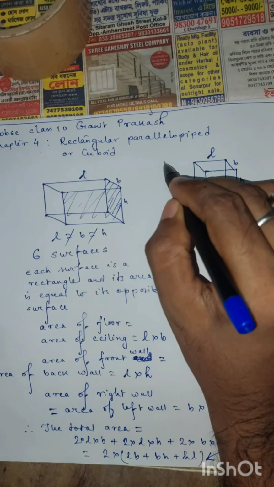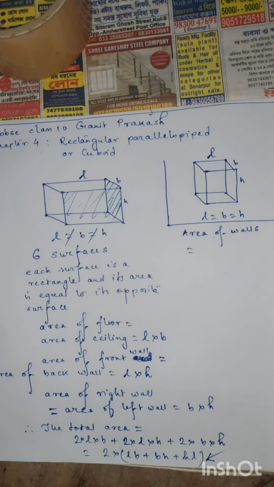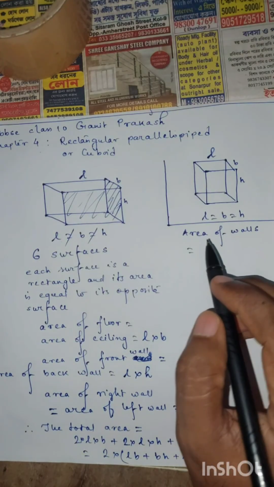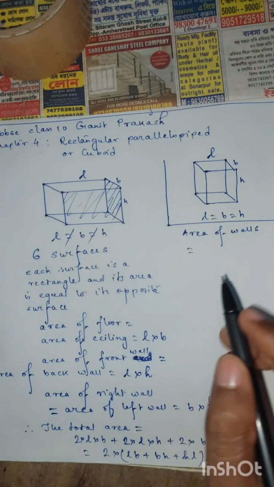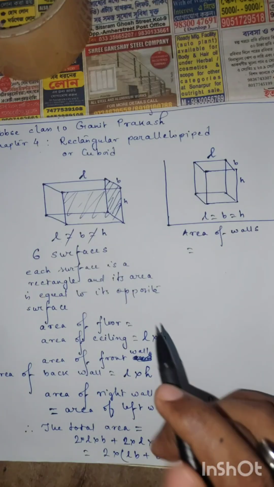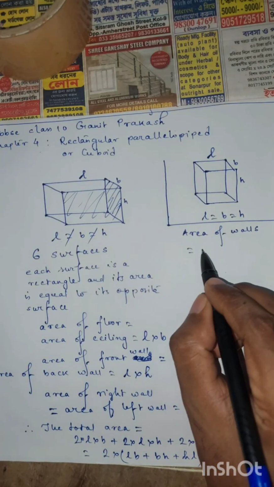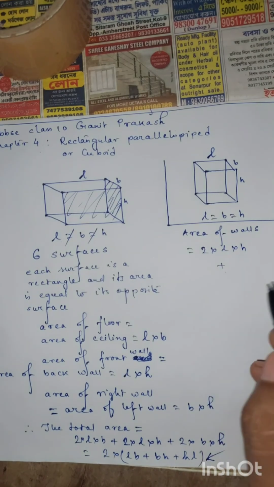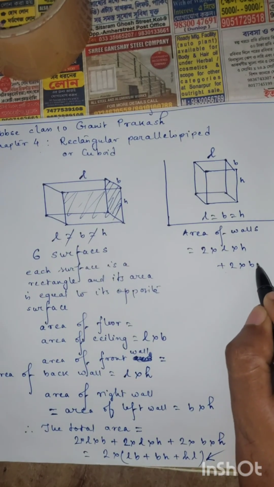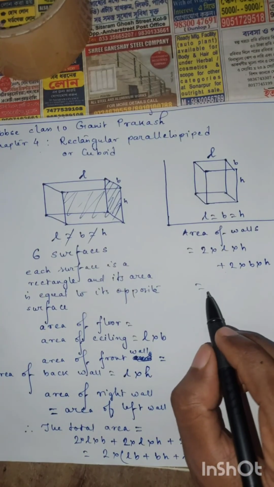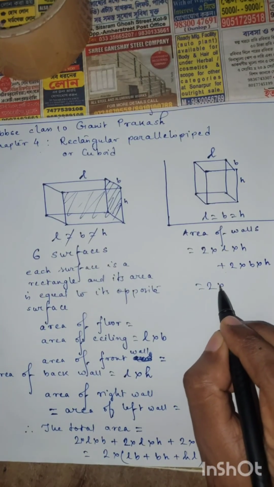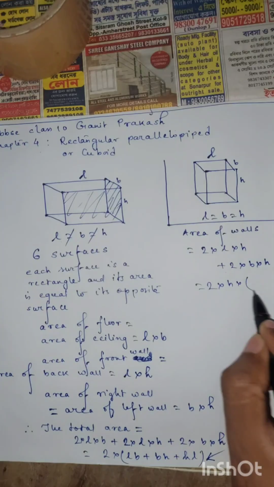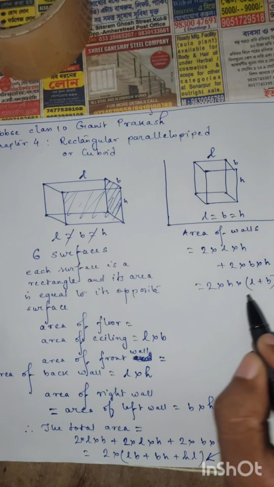Okay, I am not talking about cube. Area of walls of the cuboid will be front wall, back wall, that means 2 into L into H, plus right wall and left wall, that means 2 into B into H. So if we take 2H common, we have L plus B within bracket.